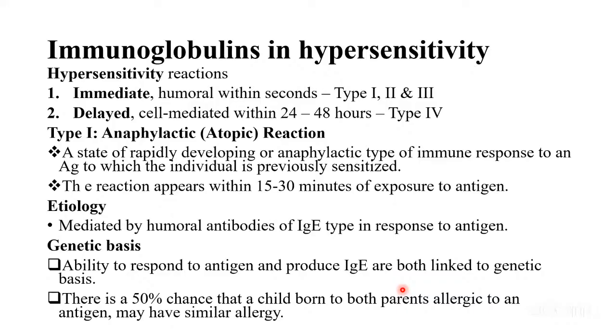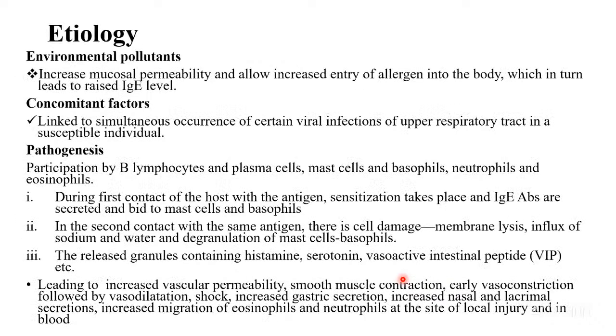And there is a 50% chance that a child born to parents allergic to an antigen may have similar allergies. So these children may inherit those particular complications. That's why you can find asthma running in a family.